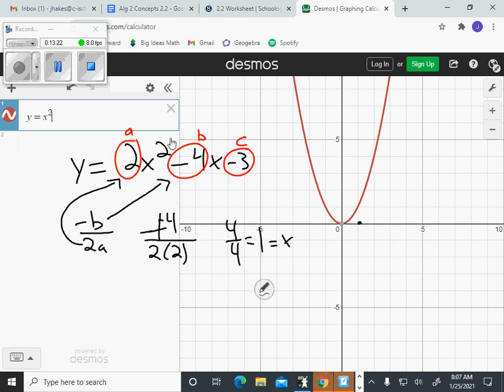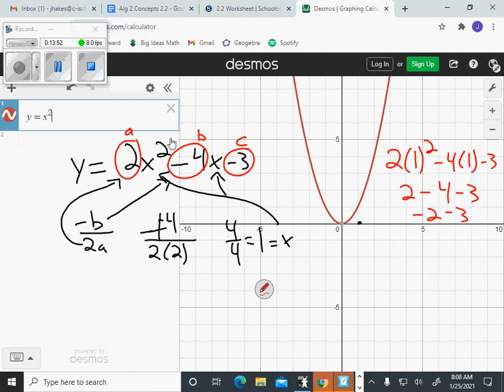Now, I need to find my y. You find your y by plugging in x. So you plug in 1 into each of those variables. So we have 2 times 1 squared minus 4 times 1 minus 3, and we'll get 2 minus 4 minus 3. 2 minus 4 is negative 2, minus 3 is negative 5.